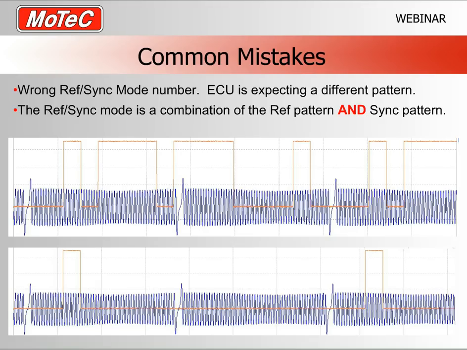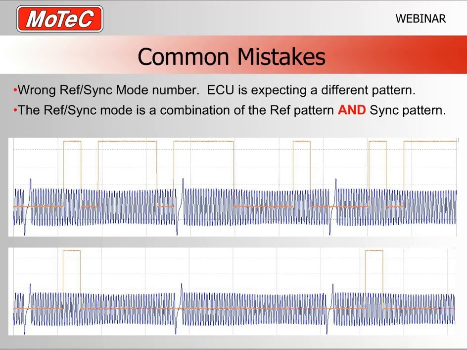The customer had the BMW mode 17 pattern, but he'd only been looking at the crank trigger pattern, so he set it up accordingly. As soon as I got his ref sync capture, I said, your mistake is you've got the crank trigger right, but you haven't matched it to a ref sync mode that includes the right sync pattern.